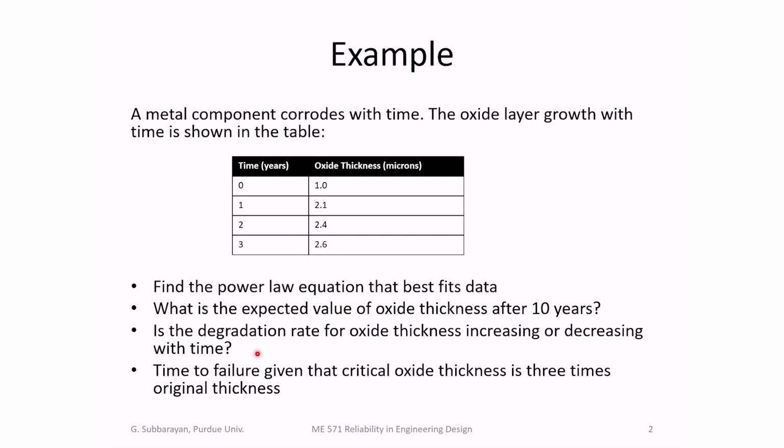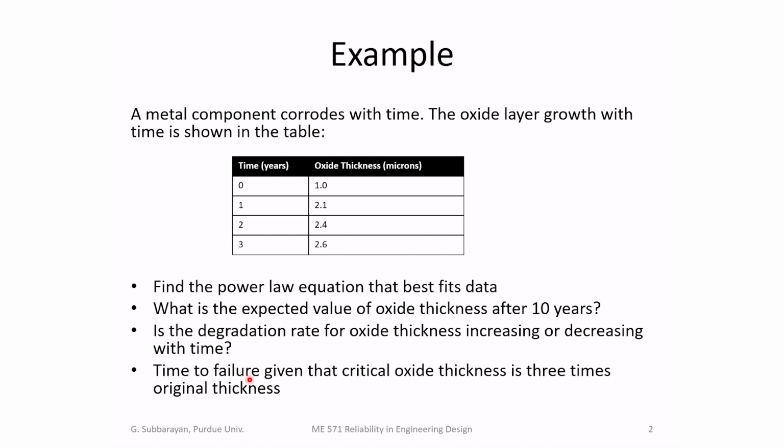Then the next question is, is the degradation rate increasing or decreasing with time? And what is the time it takes for the oxide thickness to become 3 times the original thickness? The original thickness was 1. The question here is, what is the time it takes for the thickness to become 3 microns, 3 times the original thickness?